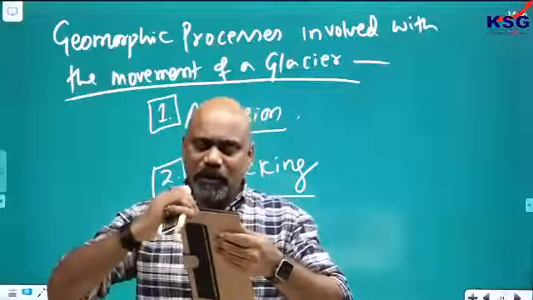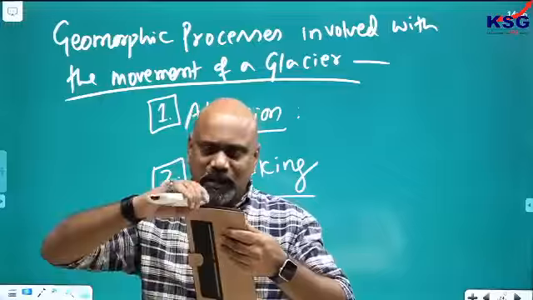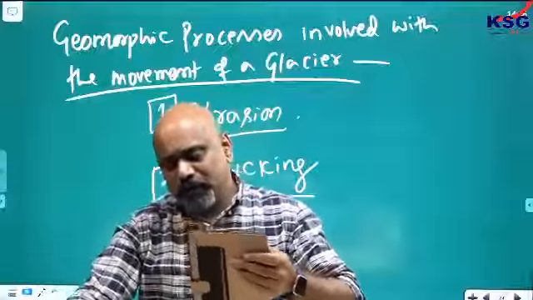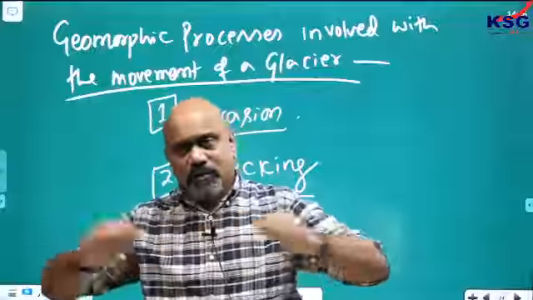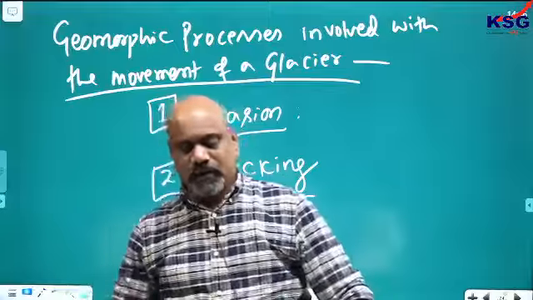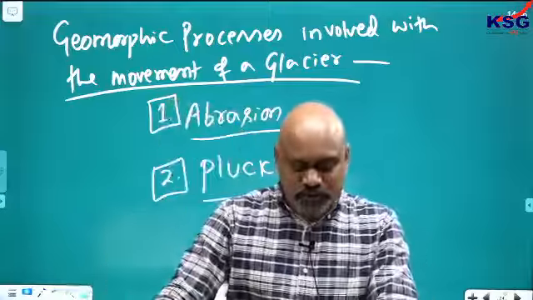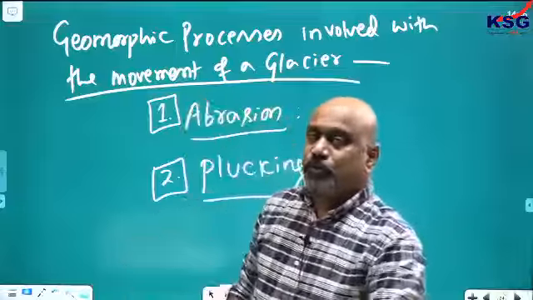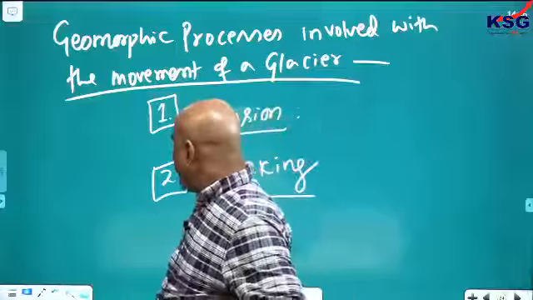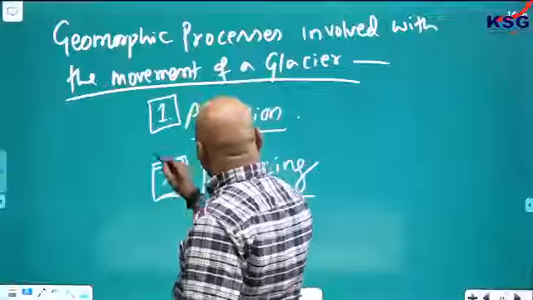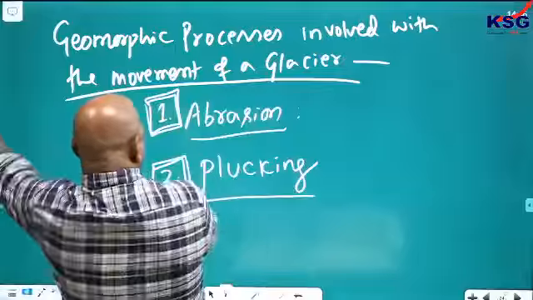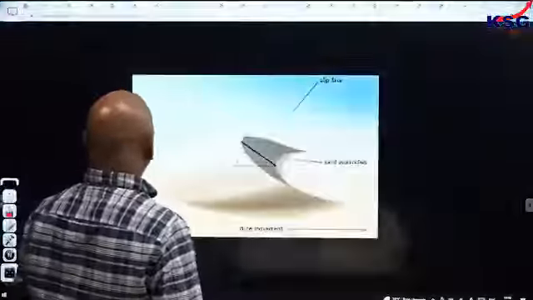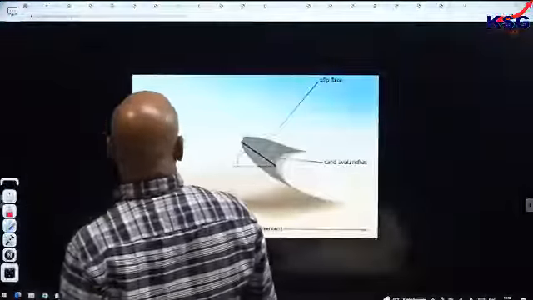Plucking. A piece will break off and go along with it. Because of more pressure from here, it got plucked away and will break completely. Plucking is definitely a very, very important glacial geomorphic process also.